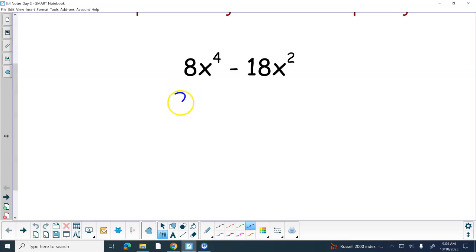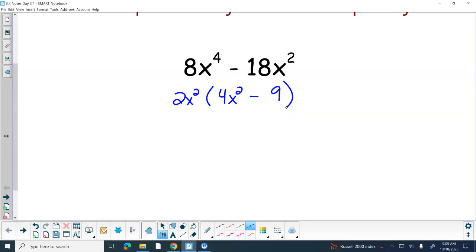Okay. So 2x squared is going to be my greatest common factor. If I pull out a 2x squared, what's left over in my first term? 4x squared. What's left over in my second term? 9. Okay. Now, is that factored completely? Why not?